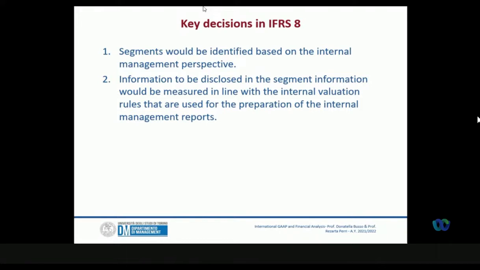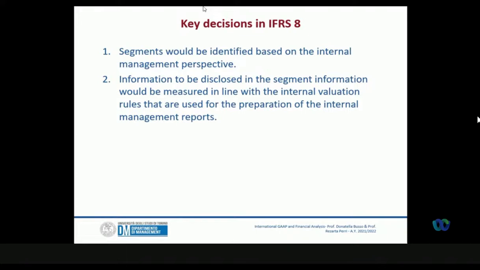Revenues and expenditure are not following the IFRS criteria of, for example, revenue recognition or expense matching in accounting. So be careful when you read information about segments. They are following the definition, valuation and measurement rules that are internal and specific for a company, but not necessarily the IFRS rules that govern the revenue and expenditure for the whole company.